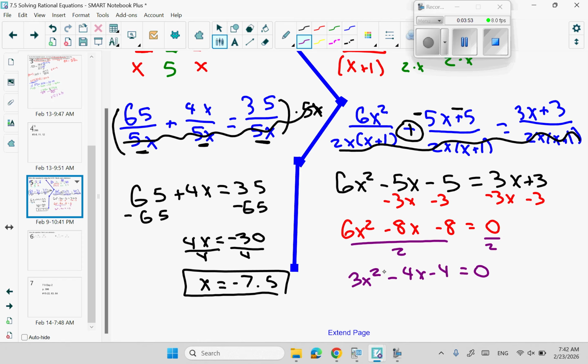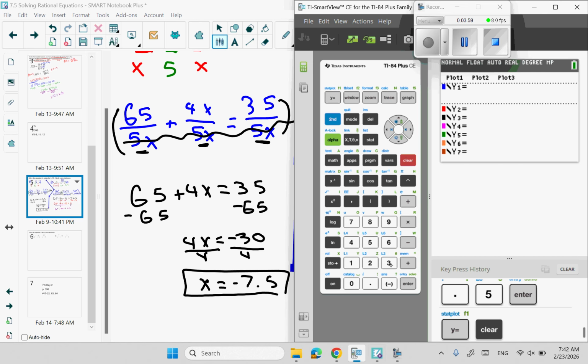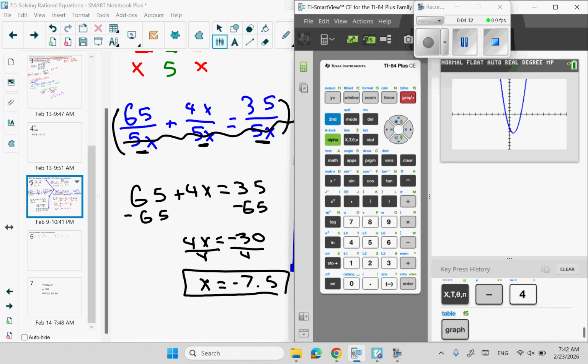Well, this is kind of hard to factor. So when in doubt, I can always type things into my calculator. So we get 3x to the second minus 4x minus 4. And I can just hit graph. And I see that I get one intercept right there at 2.